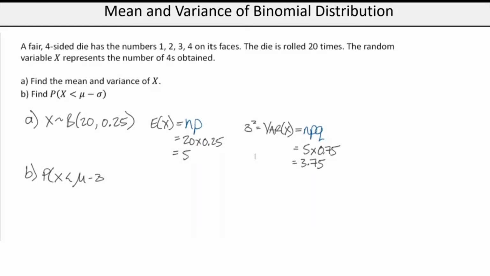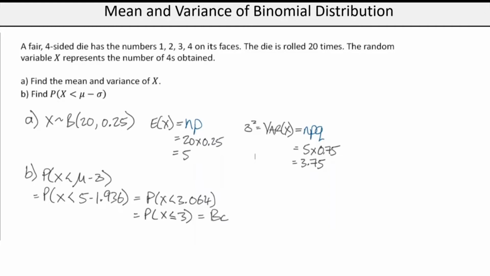So the probability that x is less than mu minus sigma is actually the probability x is less than 5 minus 1.936. That's x being less than 3.064. And we know that x has to take whole numbers for a discrete distribution like the binomial. So we're actually calculating the probability x is less than or equal to 3.